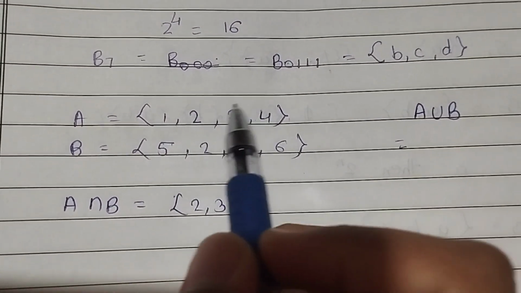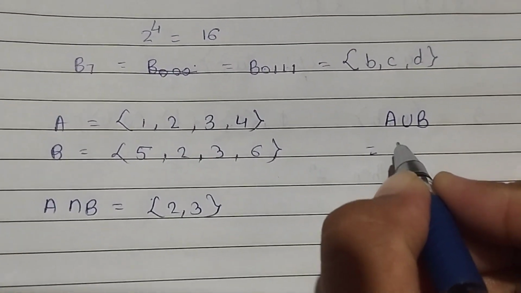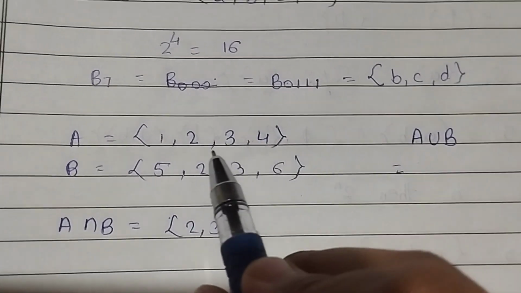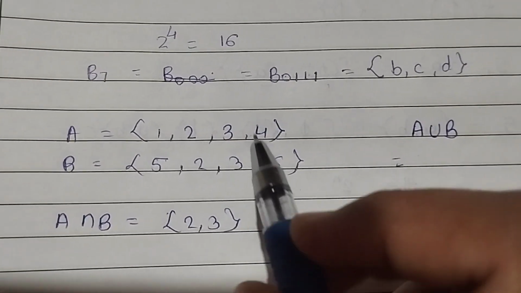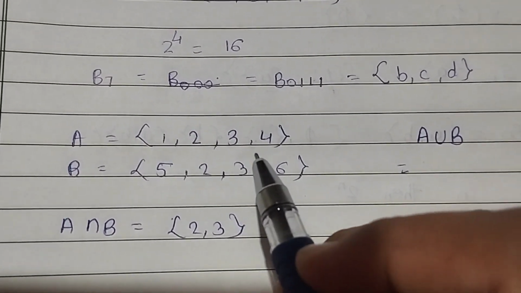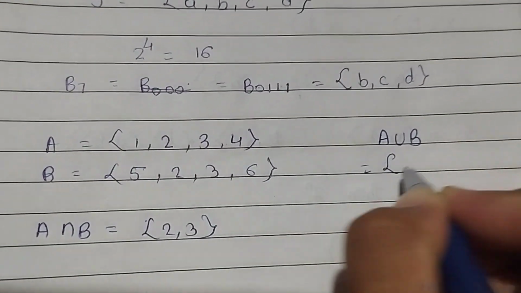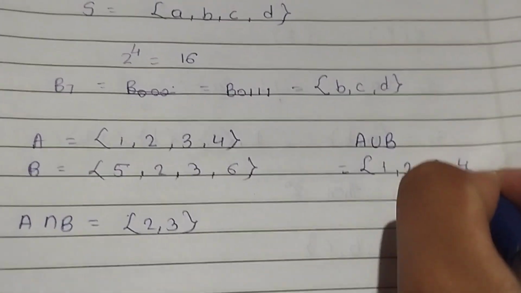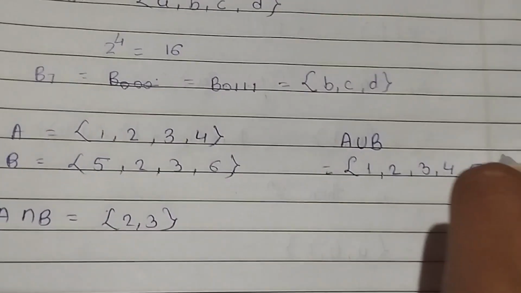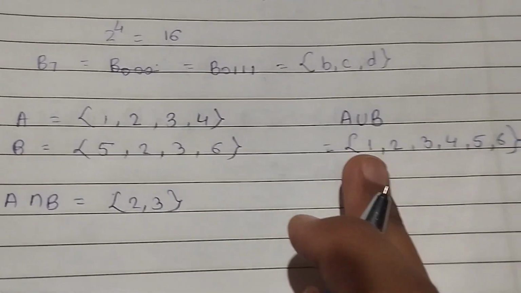When we write all the elements of both sets, this is called the union of two sets. Don't write 2 two times and 3 two times. If any element is repeated, only write it once. So A union B means 1, 2, 3, 4, 5, 6. This is the union set of A and B.